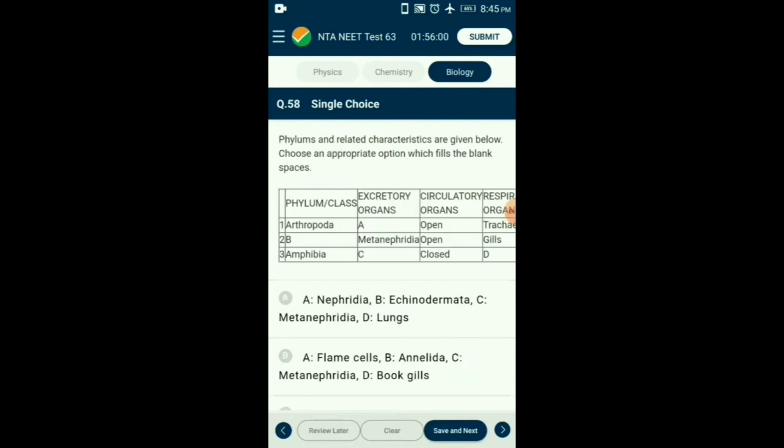Question number 58. Phyla and related characteristics are given below. Choose the appropriate option which fills the blank spaces. The excretory organs of arthropoda are coxal glands, green glands, and Malpighian tubules, with an open circulatory system.